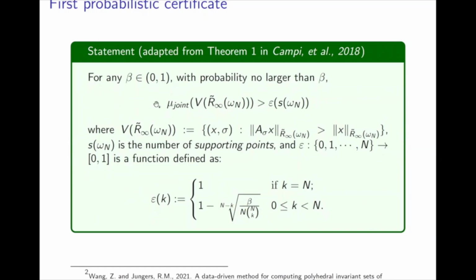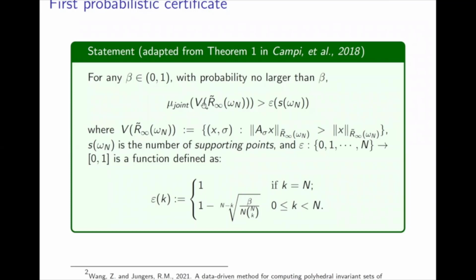Here it is basically the measure of the bad points, and this S is the number of supporting points, which are basically the bounding points that cannot be removed from the constraint. For the formal definition, we refer to Campi's paper, and this function is defined based on beta.